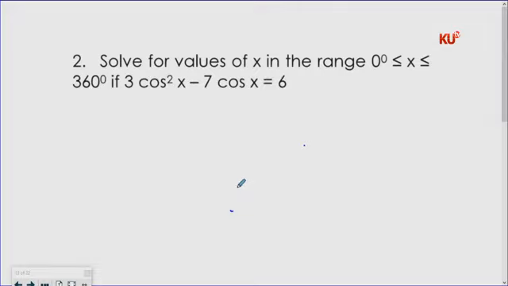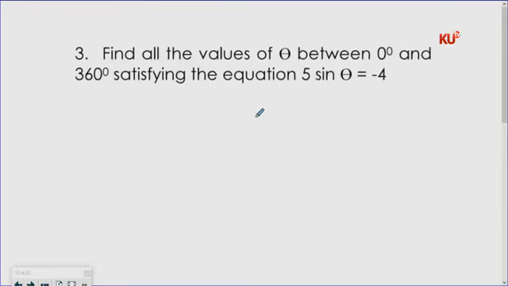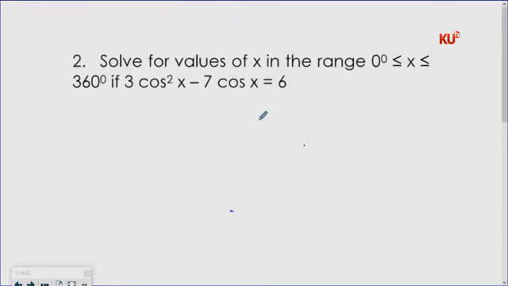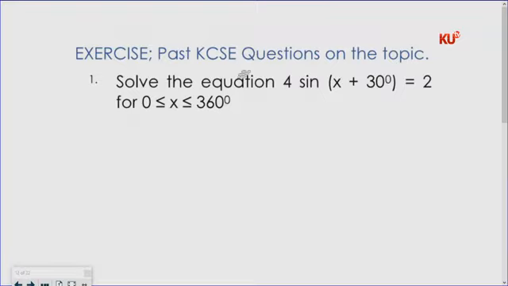We can work out this one because I'm sure we have other questions that I'll be giving you. You'll try question number 2 and also question number 3. So what I can do is help you answer this particular question here so that I give you some questions you also try at home.